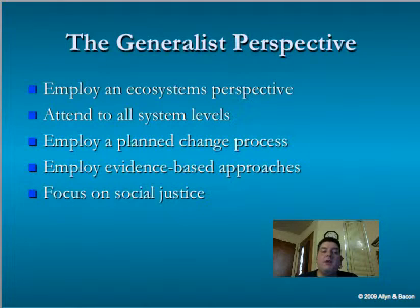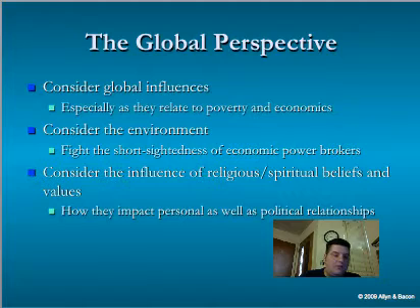This is where we employ a planned change process, and we do so by employing evidence-based approaches. If we find something that's worked in another community, then we want to adopt that. Where we find a problem in our community, we want to find something that's worked somewhere else, and then implement that in our individual community. The focus is on social justice, of course.